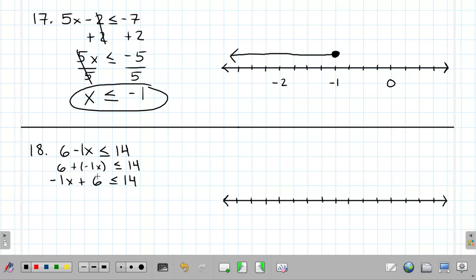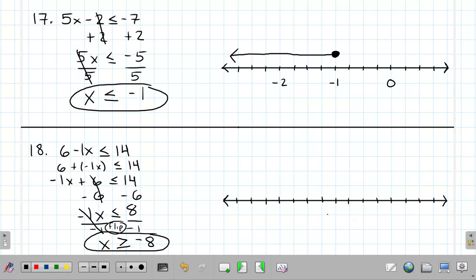And then from here, regular old two-step inequality, minus 6 minus 6. So those go away. We get negative 1x is less than or equal to 8. Divide by negative 1, divide by negative 1. We just divided by a negative, once again, so that means we need to flip. So it's going to become greater than negative 8.